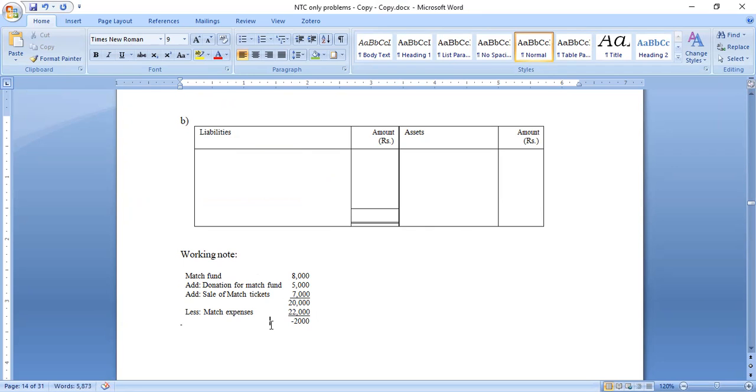So how do we have to treat this excess 2,000 expenses? We have to mention it in the income and expenditure account.